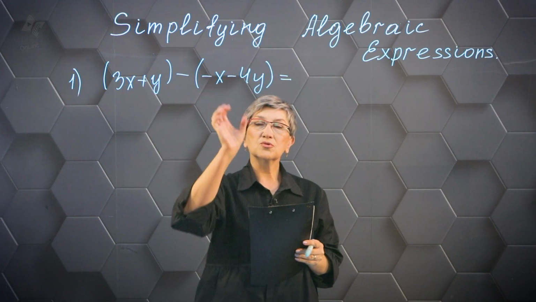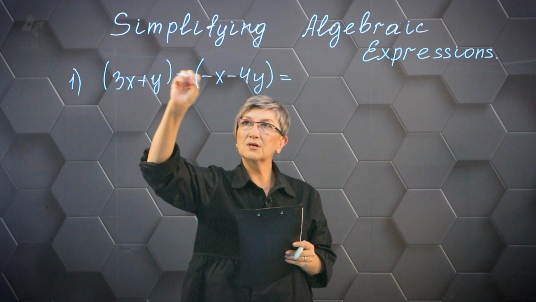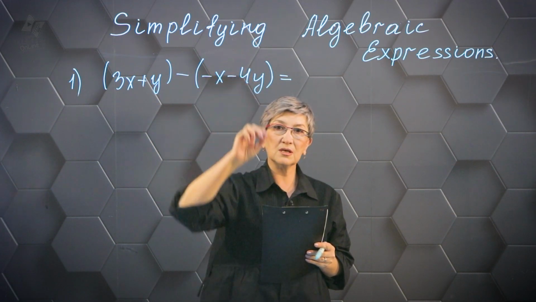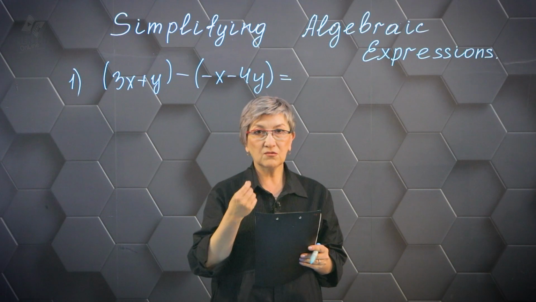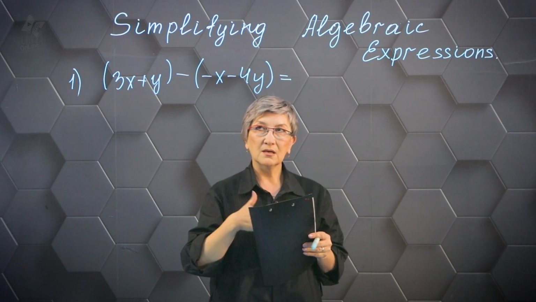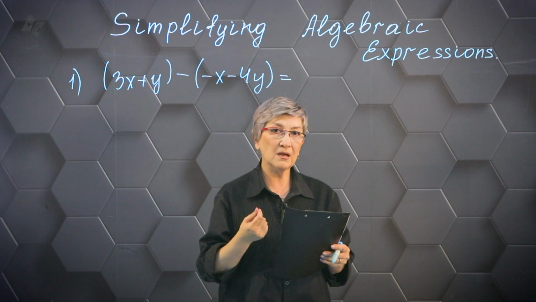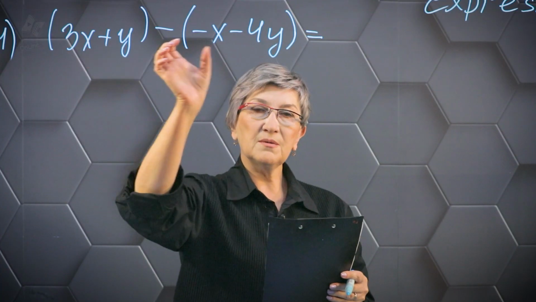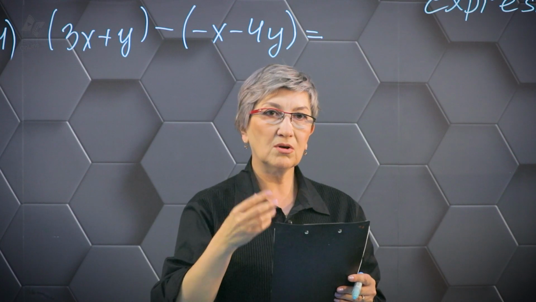We can see that our algebraic expressions 3x plus y and minus x minus 4y are written in parentheses. So in order to convert, we need to remove those parentheses. To do this, we apply the rule. We pay attention to the fact that we don't have any coefficient written in front of the parentheses.